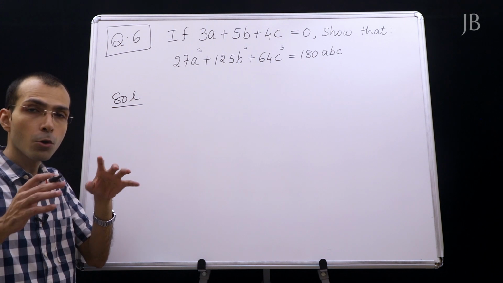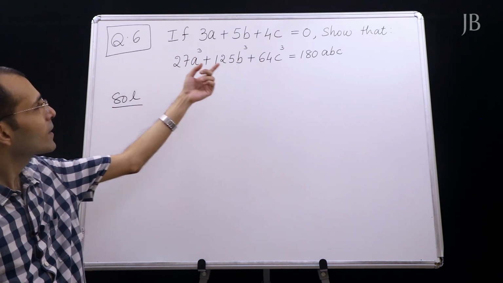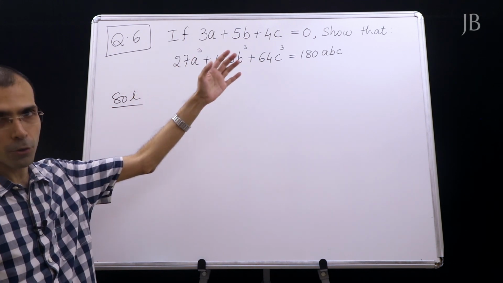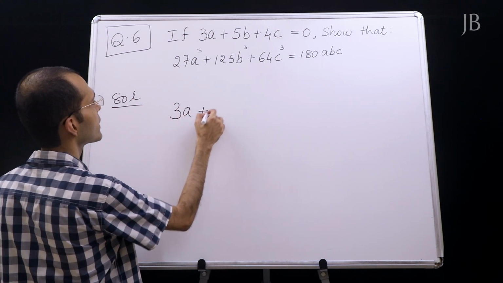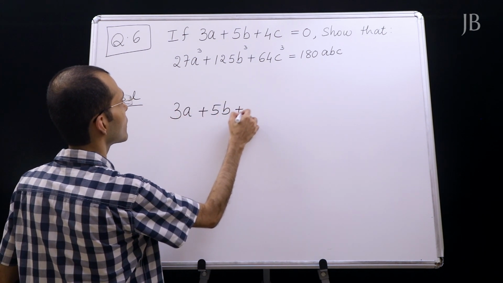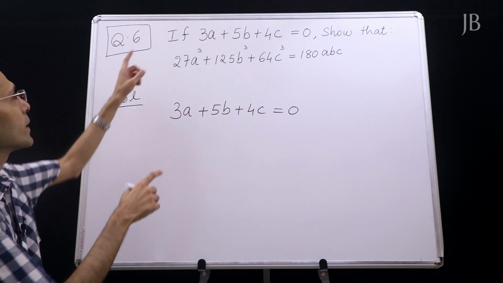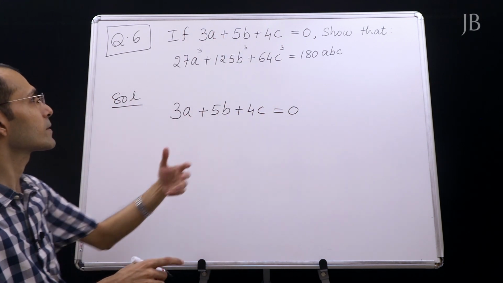See, you know x plus y the whole cube. So let's manipulate this. 3a plus 5b plus 4c is equaling 0. This is given. So see, now how do we play with this? This is called conditional proof. Like if this is 0, then prove this under the given conditions.